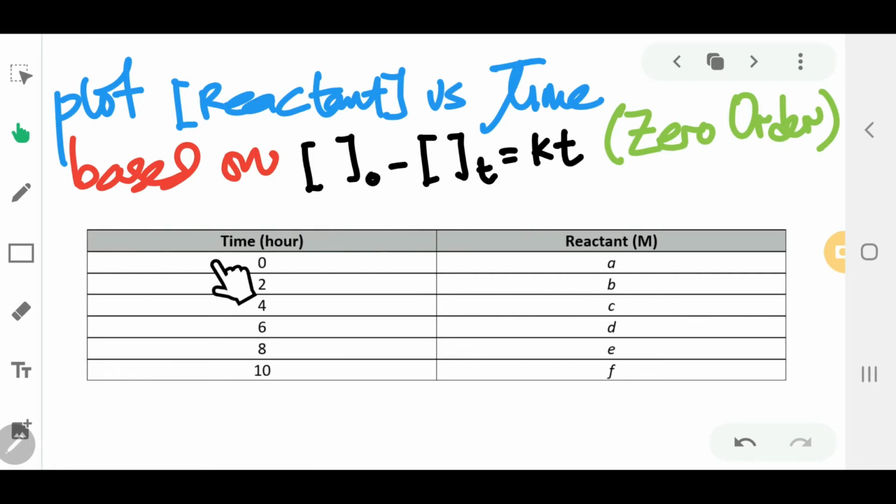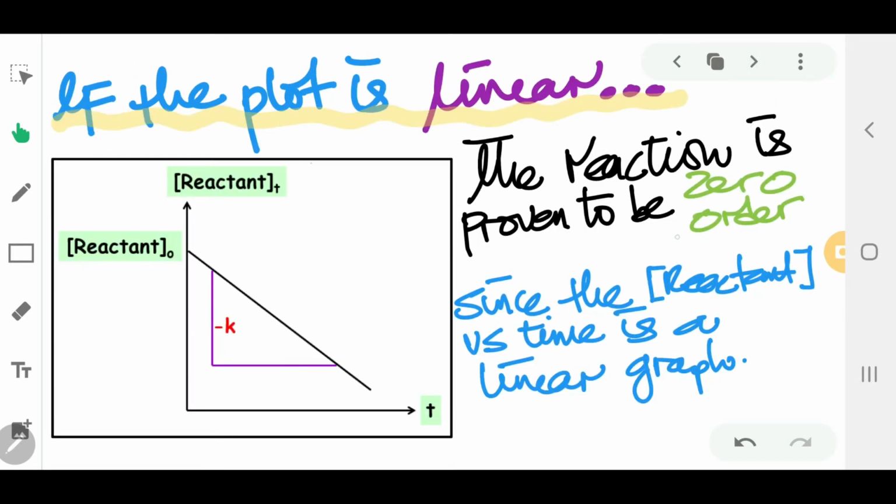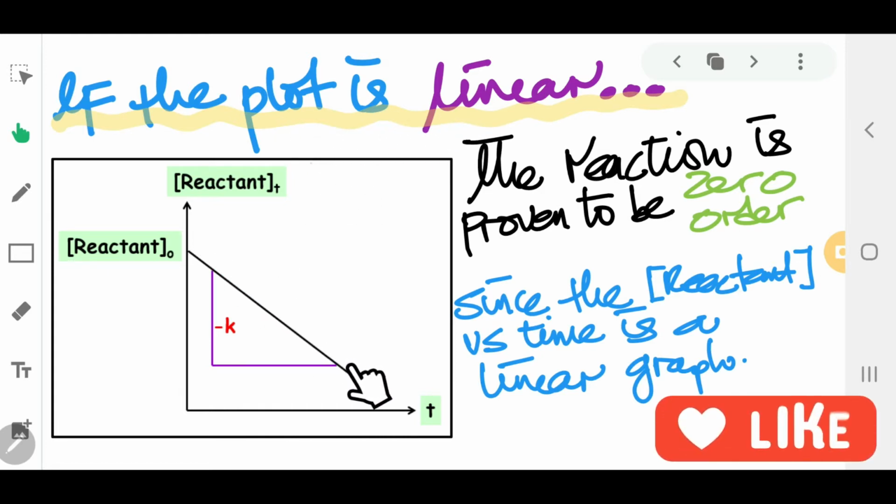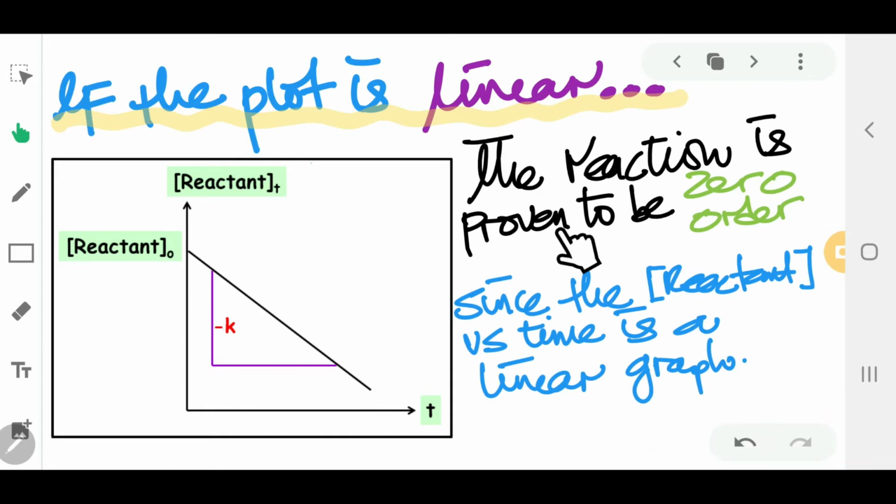You take the table as it is, and if the plot is a straight line, that means the reaction is proven to be zero order, since the concentration versus time is a linear graph.